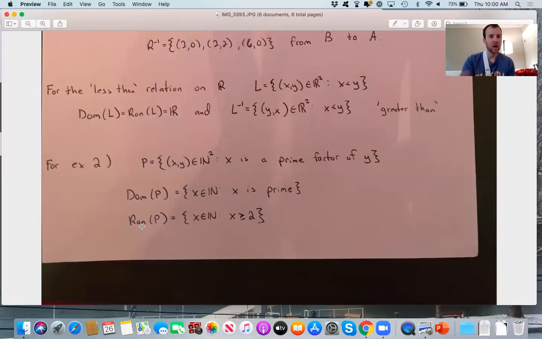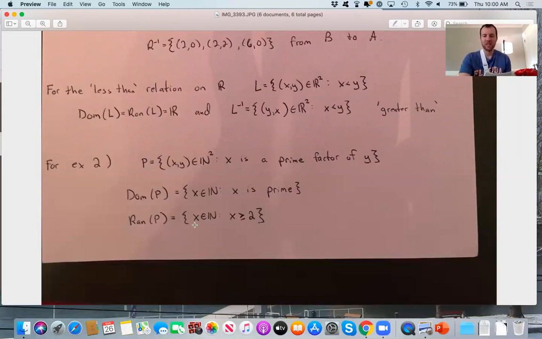And as the other half of this, the range uses the fact that every natural number greater than or equal to 2 has a prime factor. We can always form the prime factorization, splitting it apart into smaller and smaller numbers until we get to primes, which we can't split up anymore.